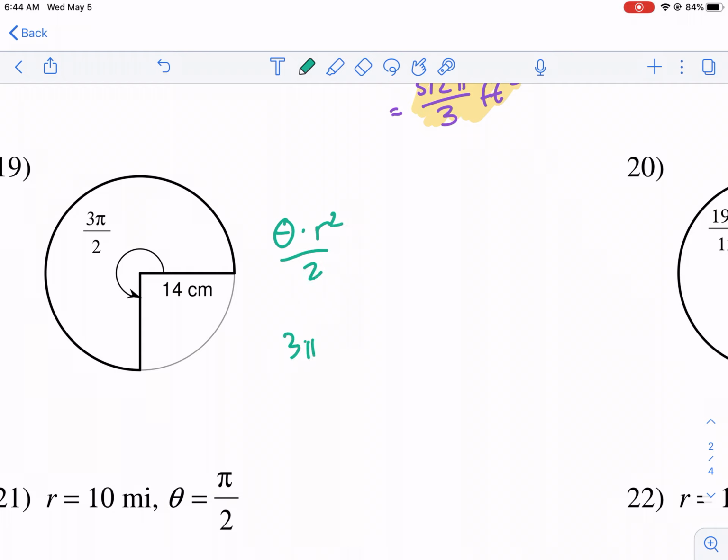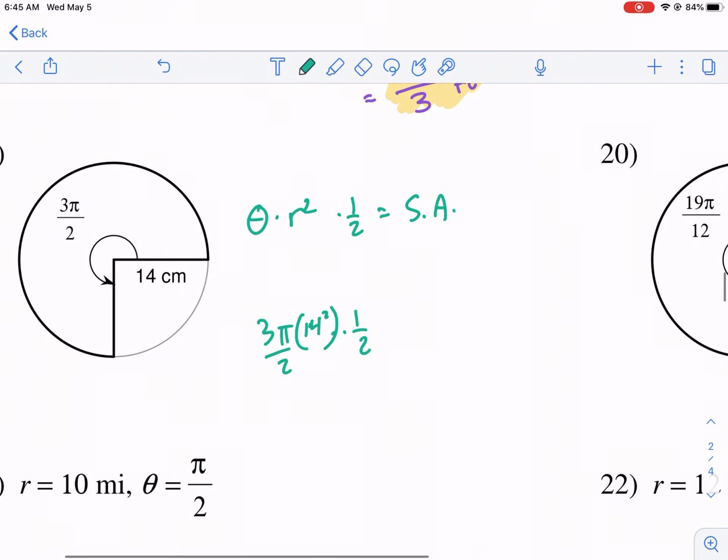So we're going to do pi r squared. Actually, I'm going to multiply that by 1/2 instead. So that's going to be my sector area. So 3 pi over 2 times r squared times 1/2. R squared is 14 squared. Okay, times 1/2. Now, anything I can cancel right away, I'm going to multiply 14 squared first.